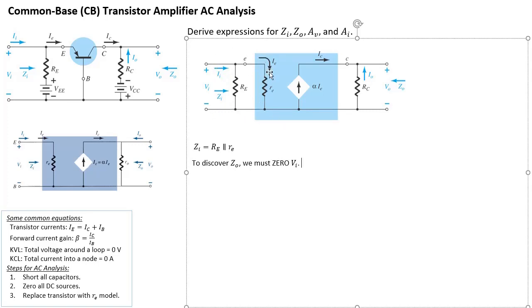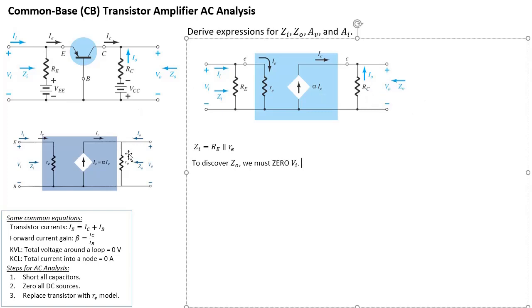There is a 0 volt potential difference across re, so IE is going to be 0. If IE is 0, then alpha IE is also 0. That means the only thing that Zo will see is just RC.